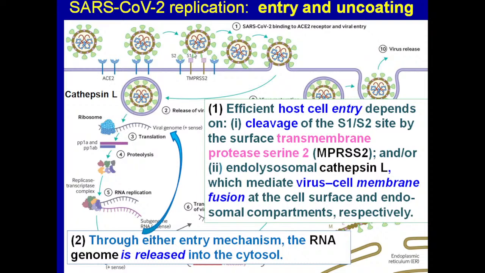So one protein and another one. Then when the virus enters, the RNA genome is released into the cytosol, but the RNA genome is still covered with nucleoprotein. It is not completely uncoated or naked.